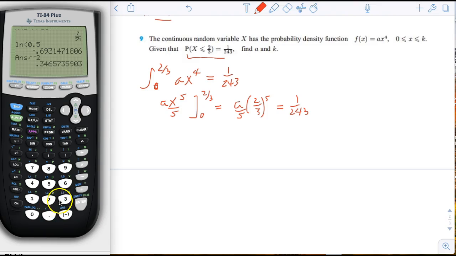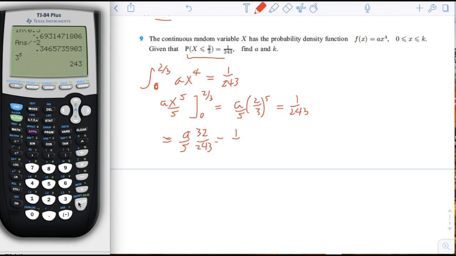What do you think? 3 to the fifth. Yeah, it's 243. So actually, this is going to be equal to a over 5 times 2 to the fifth, which is 32, over 3 to the fifth, which is 243. It's equal to 1 over 243. And then, so a times 32 fifths equals 1. So a is equal to 5 divided by 32.